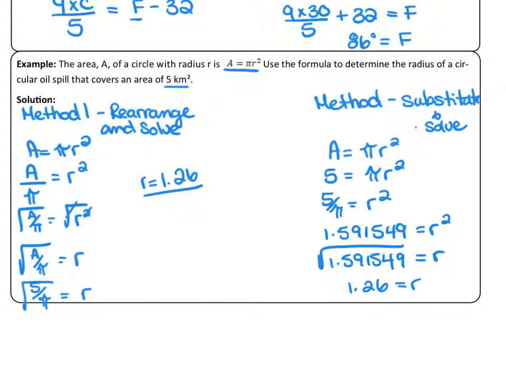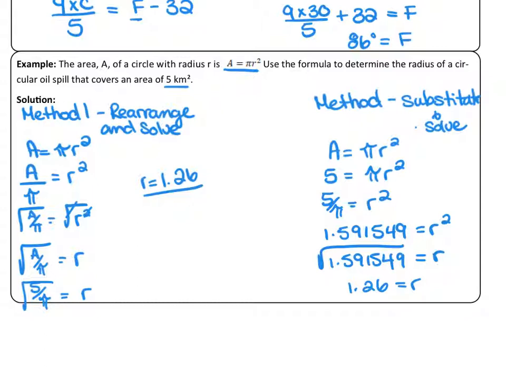So in method 1, we rearranged it and then did our substituting and solving. And in method 2, we substituted everything that we could and then we solved it. And we kind of did the rearranging as we went. It's up to you how you want to do it, whichever method works best for you. Just be aware, some of the questions will ask you to do method 1 first.